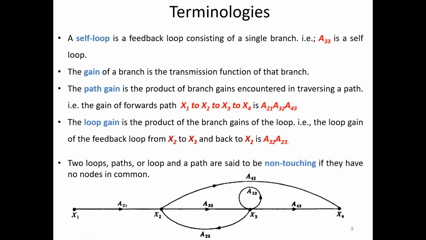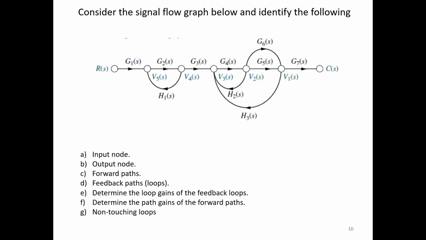I repeat, any two loops are called non-touching if they are not sharing any nodes or a branch in common. If I take this graph as an example, I have one loop here and another loop here. I cannot say that they are non-touching. Why? Because the x3 node is common for both the loops. So we don't consider those two loops as non-touching loops.